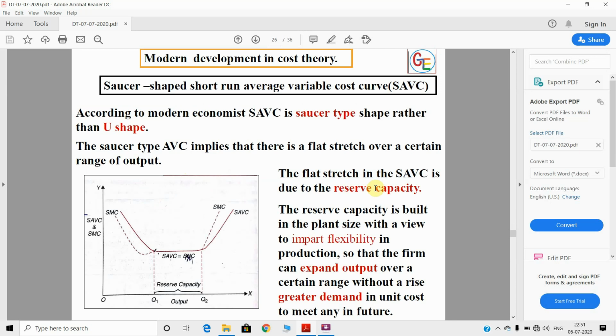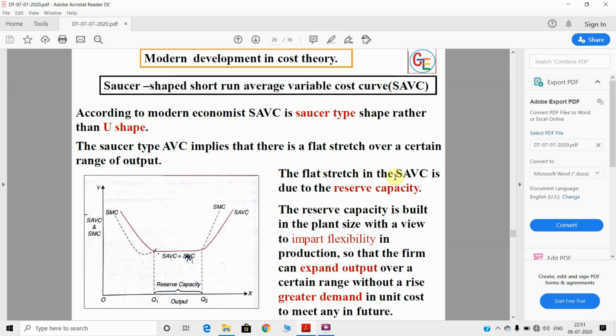Then if we go for the modern development in the cost theory, it is a saucer shaped curve. According to the modern economist, the SAC is saucer type in shape rather than U shape, because SAC is steeper and U shaped, but in case of LAC it is flatter and U shaped.